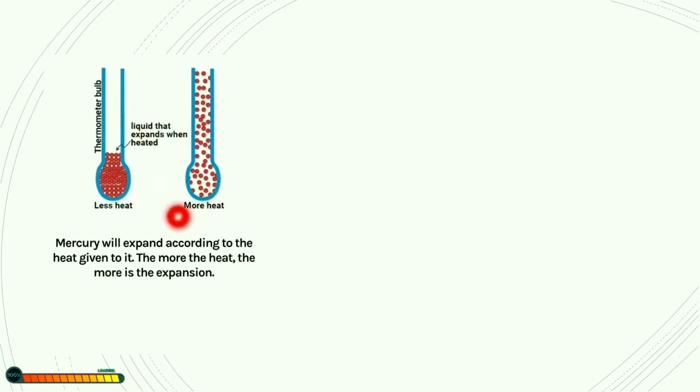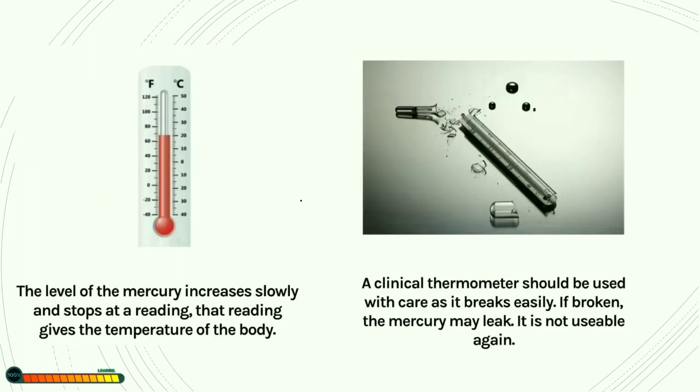So the level of mercury increases slowly and stops at a reading. That reading gives the temperature of the body. By reading the mark on the thermometer at which mercury stopped expanding, we get the body's temperature. So I hope now it is clear to you how we measure our body's temperature.